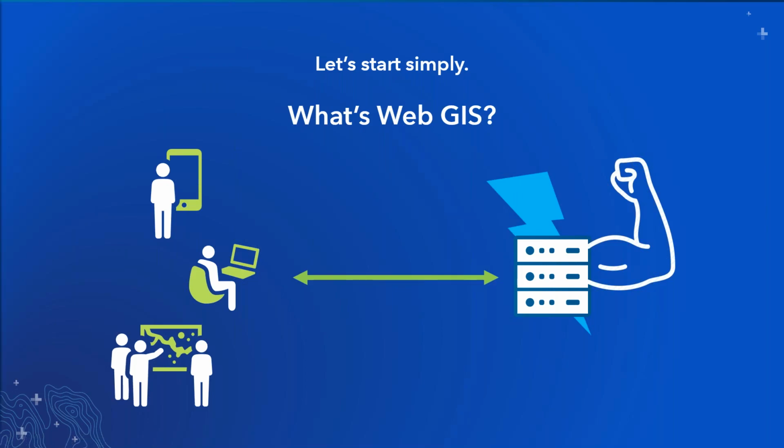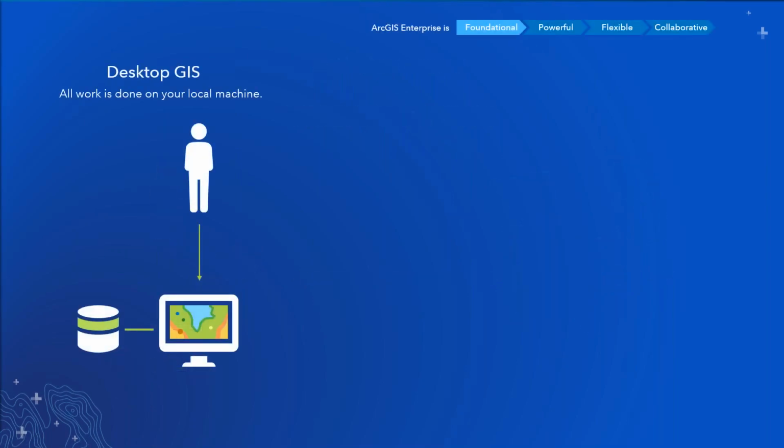So remember when we start out, Web GIS is kind of a starting point, right? A lot of us started out with this concept of all the work being done on our desktop GIS machine, right? I have to have the beefy computer to do the work. And that's changing a little with Web GIS, where we're sharing infrastructure with everyone, right? In Web GIS, most of the work that I'm doing is handled by the server infrastructure, right?